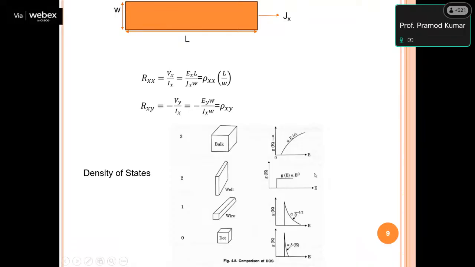It means one energy state is not affected by another energy state. All are totally separated. So these are at least two points which are very useful whenever you are going to explain the properties of a two-dimensional material or quantum material.